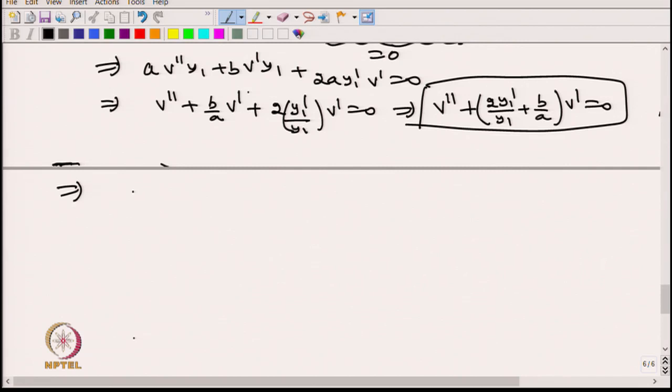So, from here my v dash will become c e raised to power minus integral of 2 y1 dash over y1 plus b over a dx, where c is the constant of integration.